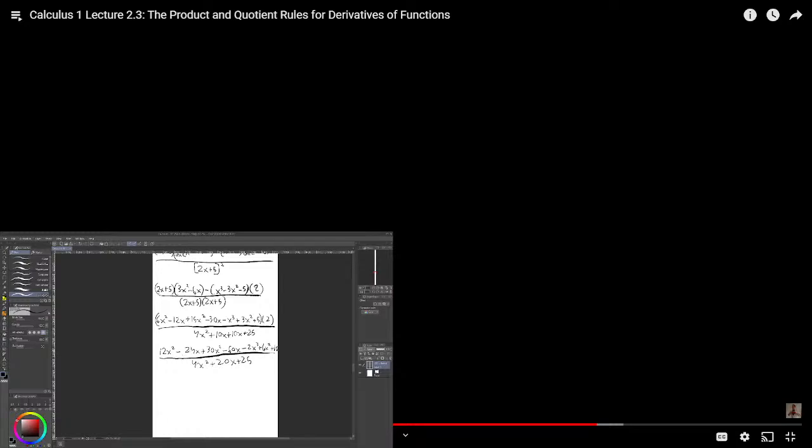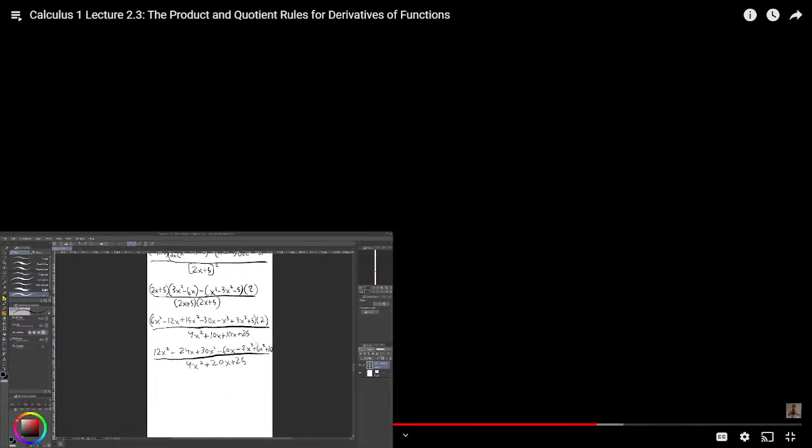What can we combine here? Looks like there's 110. So that stays. X is 60x. So negative 12x squared. Hold on, we'll go from high to low. So cubed, there's only one that I see: negative 2x cubed.